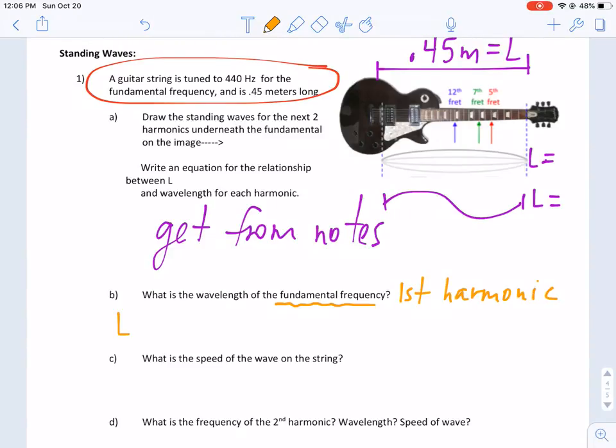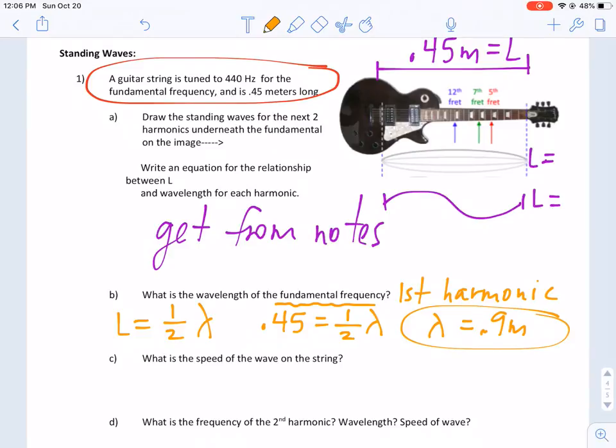I look in my notes, and my formula for the first harmonic is this one. So if L is 0.45, if we divide by 0.5 or times by 2, that would give me the same answer.